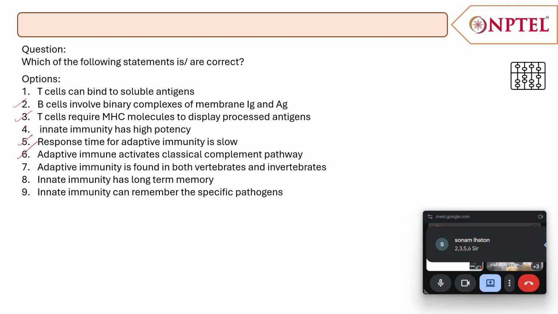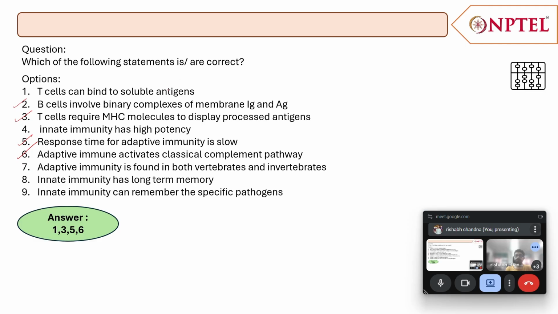Okay, let's see the answer. T cells can bind to soluble antigens? No. B cells involve binary complexes of membrane immunoglobulin and antigen? Yes, this is correct. T cells require MHC molecules to display processed antigens? Yes, this is also correct.